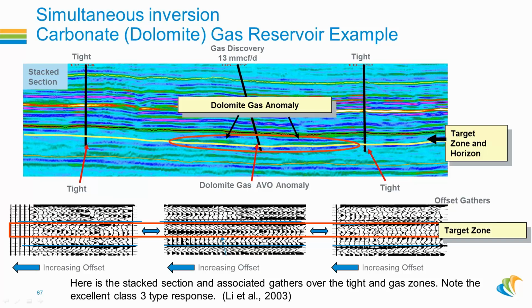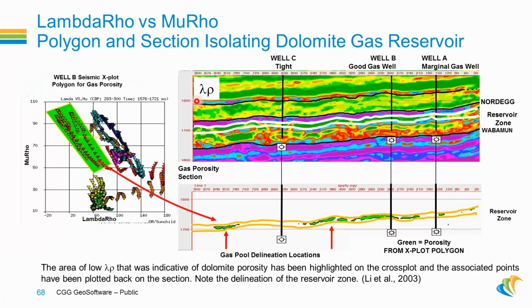Then after simultaneous inversion and converting to lambda rho and mu rho, we can do a cross plot of lambda rho and mu rho. We can also identify the zones, for example, this is a porous gas reservoir, and we can identify those on lambda rho or mu rho. And this is identified here, so you see that this has been captured in the reservoir.